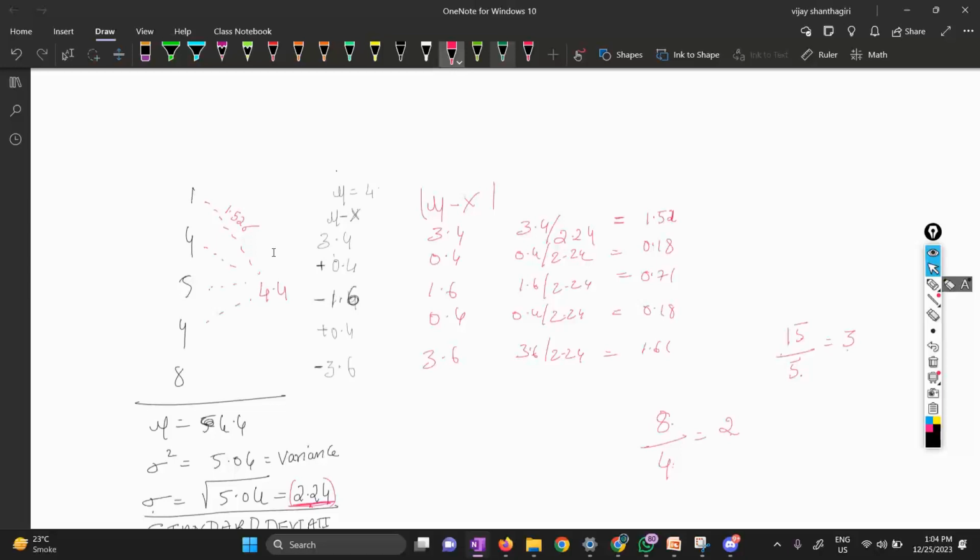Now if I remove everything greater than 1.2 sigma, what am I left with?